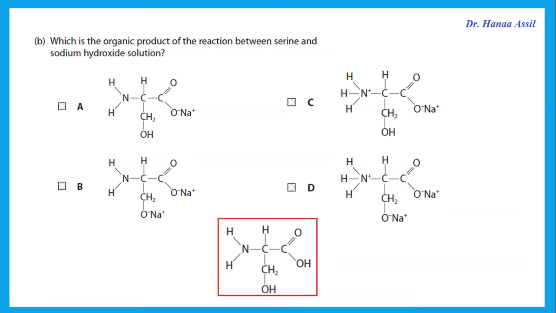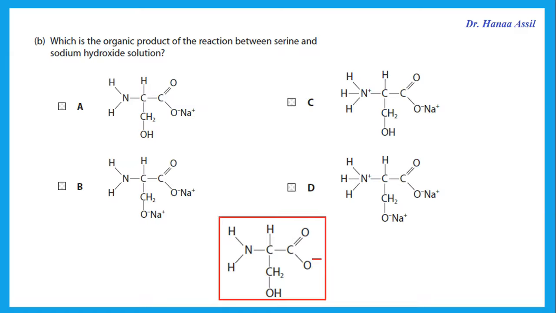At high pH, we said what happens is the acid part is a sodium salt, and the amine part remains the same. It doesn't have an extra hydrogen. Remember, when you put it into an acid, then the acid part is C double bond OH and the amine part is an NH3 plus.